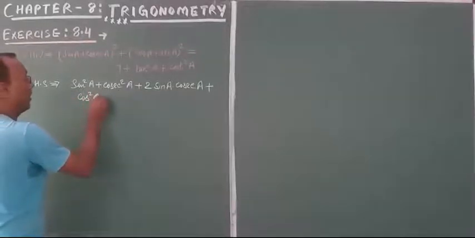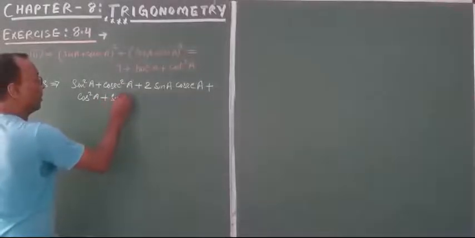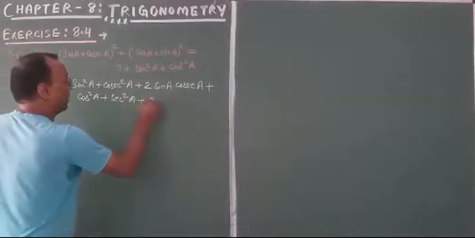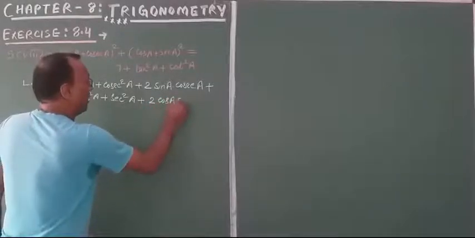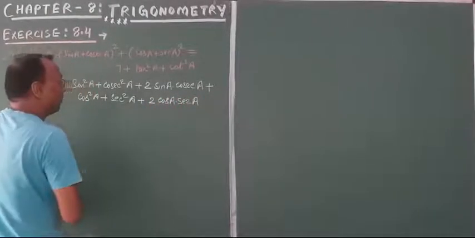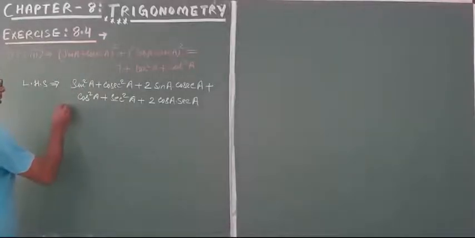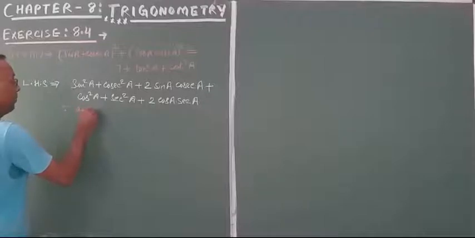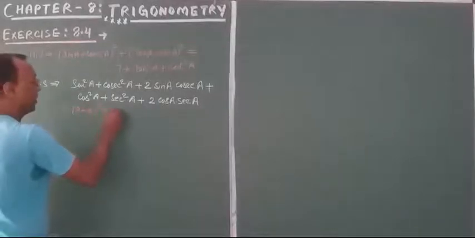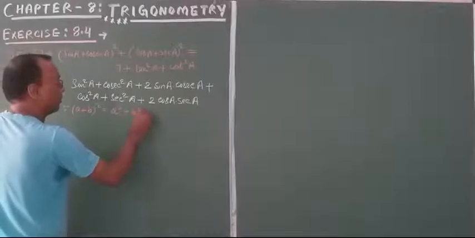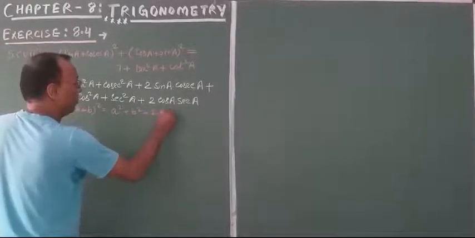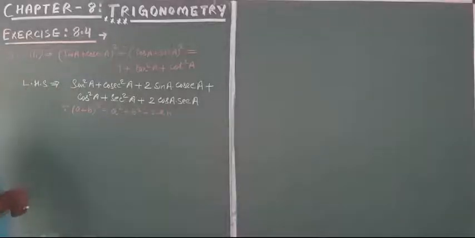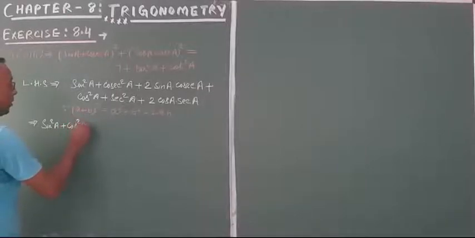Cos square a plus sec square a plus 2 cos a into sec a. What formula I am using here? Since a plus b whole square is a square plus b square plus 2a into b. This formula I am using here. Now just collect them in this way. First I am rewriting sin square a plus cos square a together.